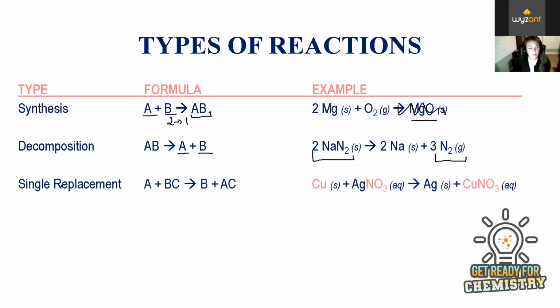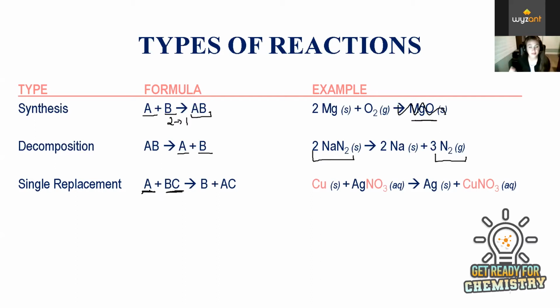So single replacement is also referred to as single displacement. They're the same thing. This is when you have a single element and then a compound and something switches. So usually the cation, or sometimes the anion. If your single element is a cation, meaning it's positively charged, typically a metal, it will switch with the other cation that's part of the compound here.